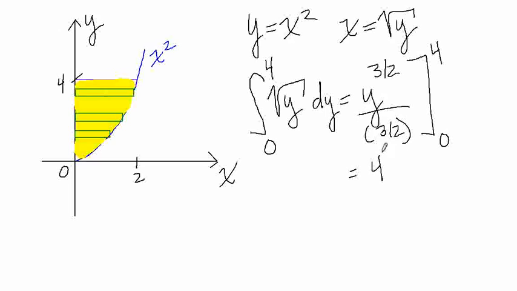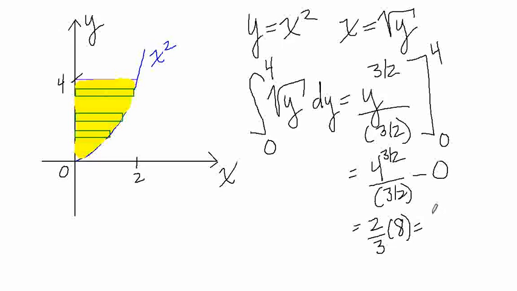So that gives 4 to the 3/2 divided by 3/2 minus 0, which gives, let's see, 4 is 2 squared to the 3/2 power, that's 8. 2/3 of 8, that's equal to 16 thirds.